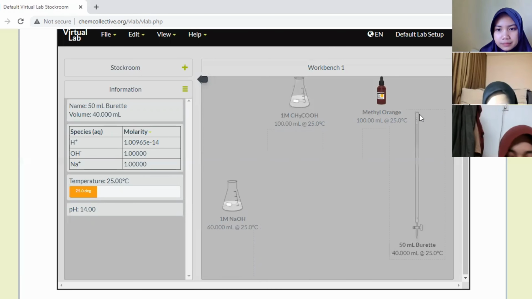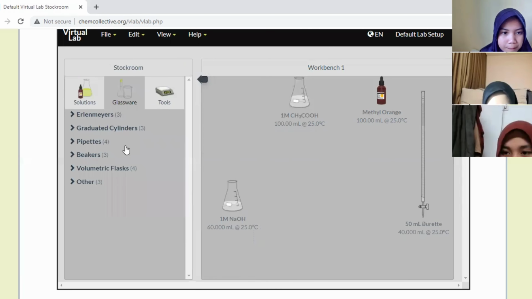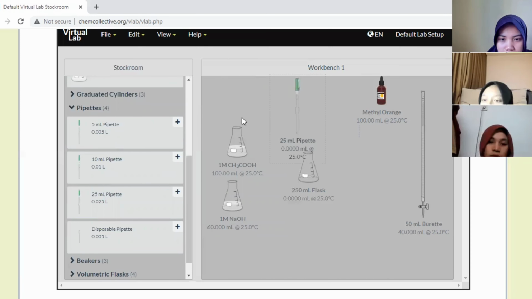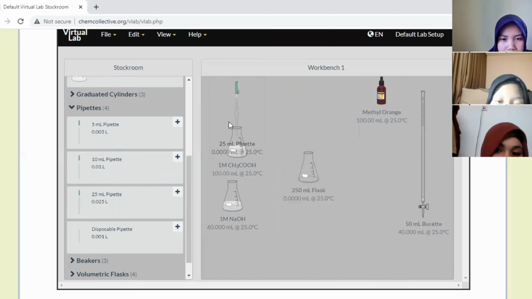Okay, next we take acetic acid with the pipette and drop it into the place. What about the amount, Shah? 25.